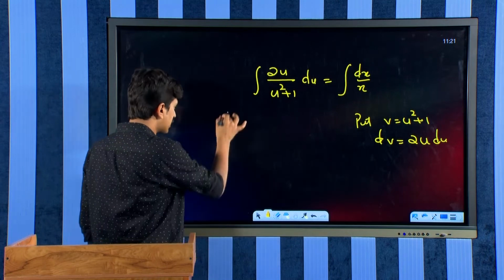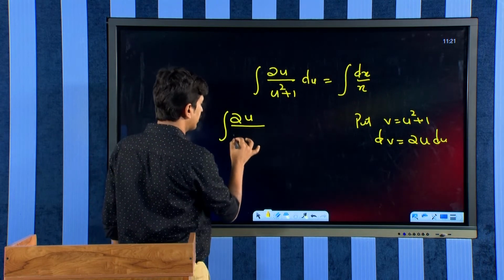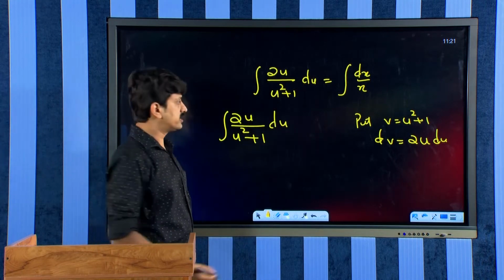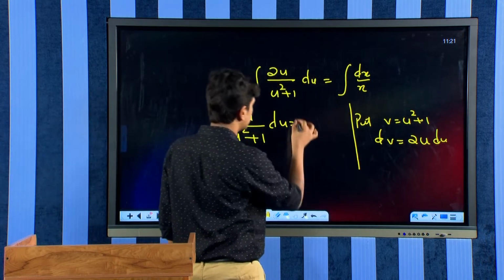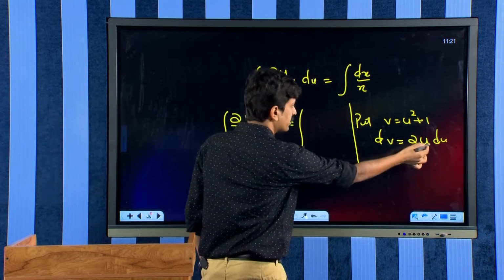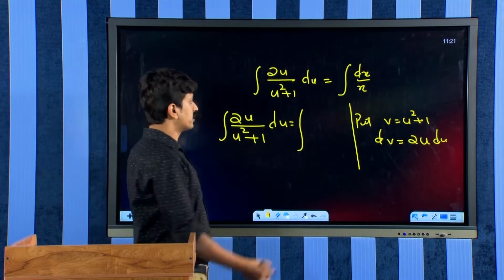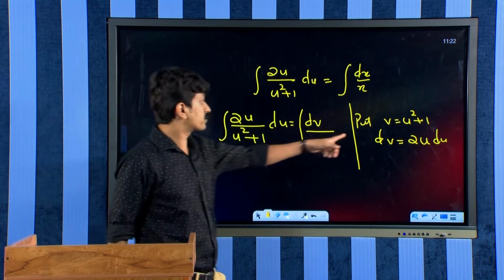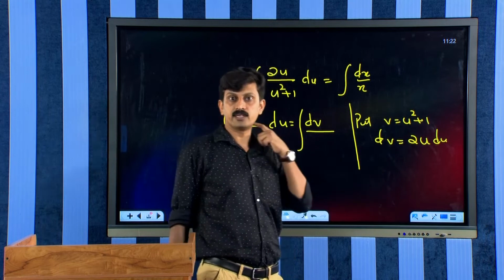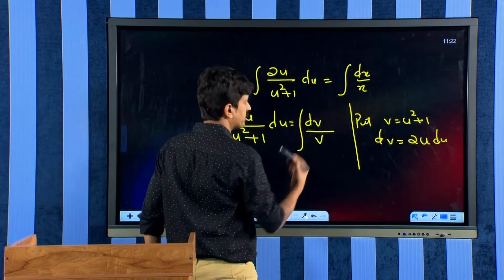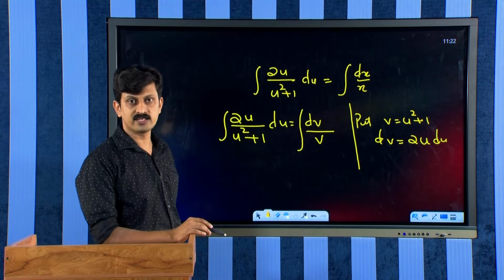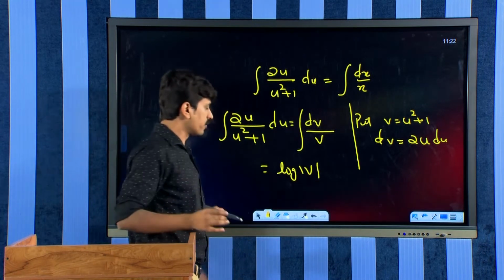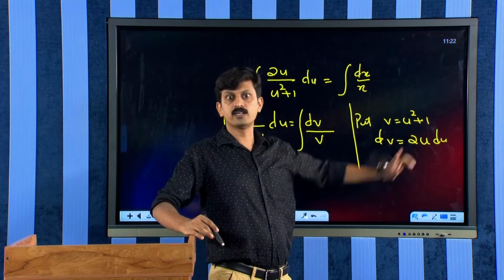So, we have the integral of 2u divided by u square plus 1 du, we can replace 2u du as dv. Therefore, this is equal to the integral of dv divided by v, since we substituted u square plus 1 as v. So, the integral of dv by v is equal to log mod v. We can just replace v by u square plus 1.